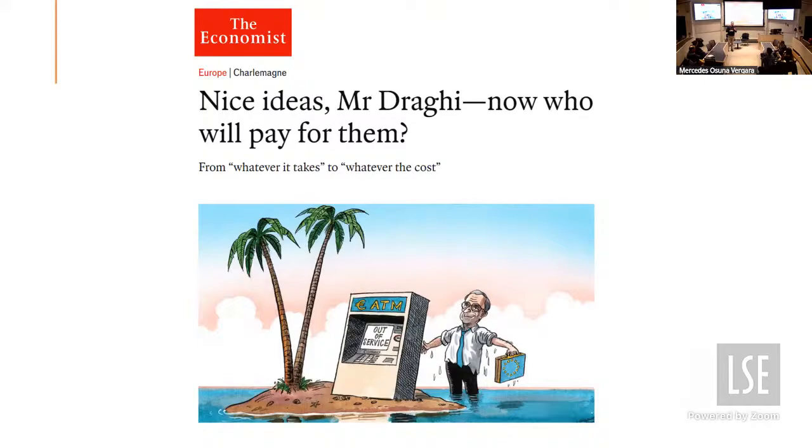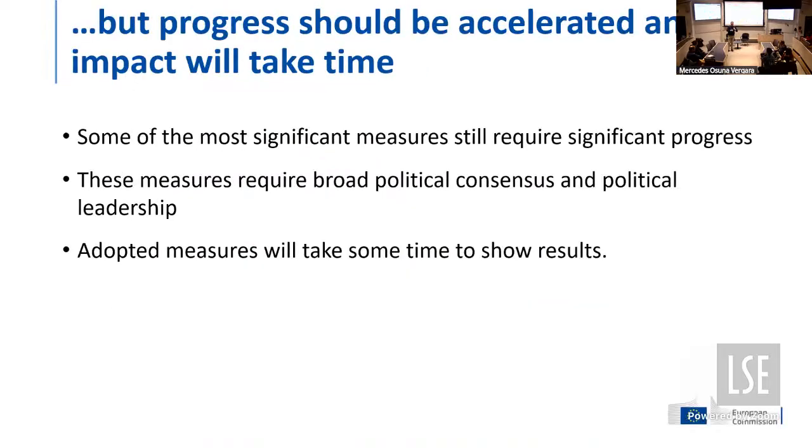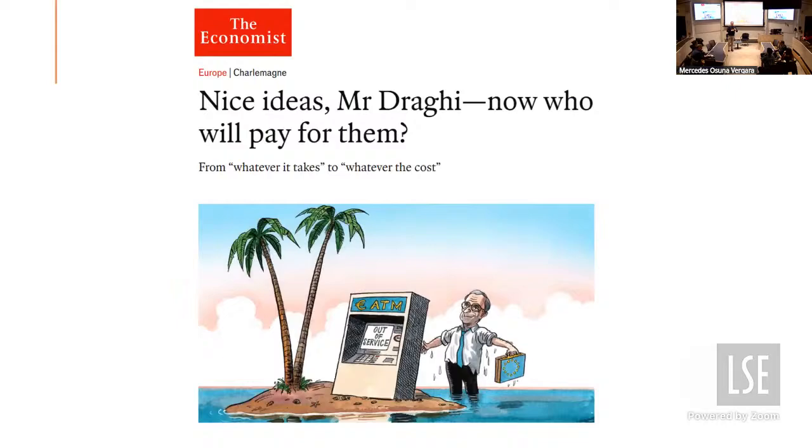And here, once the Draghi report was launched, so former employer as well, the economists came up with that chart, with that image saying, yes, it's very good, all the ideas, but this will cost money, and money has to come from somewhere. And it's true that in Europe, just to give also a positive outlook, we have challenges, but we also have big assets.